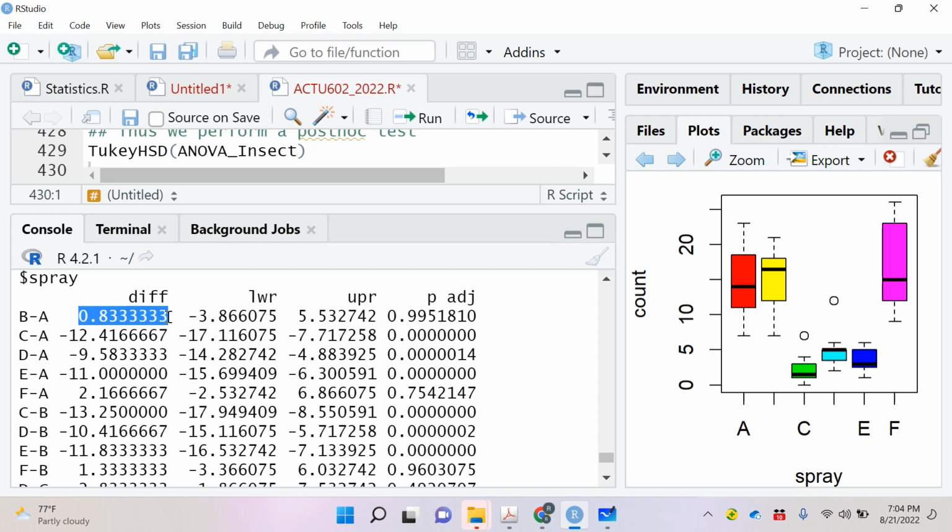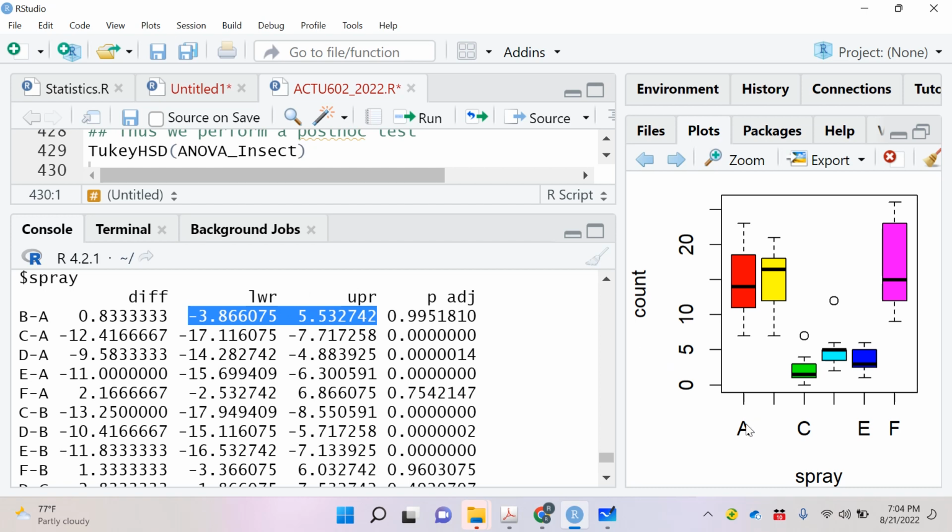Then the lower limit for this difference and the upper limit are these. Remember, if they are different, this interval will not enclose 0. If they are not significantly different, it will include 0. This one, does it include 0? The upper limit and the lower limit? Yes.